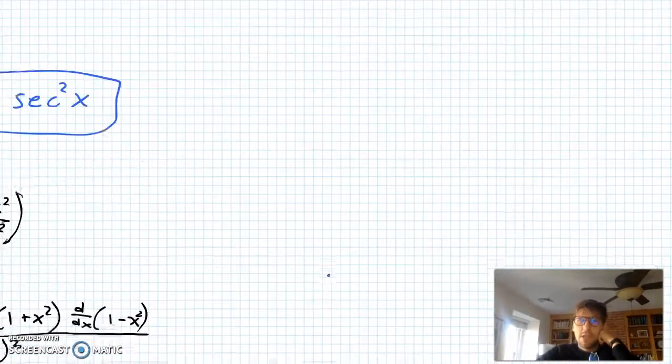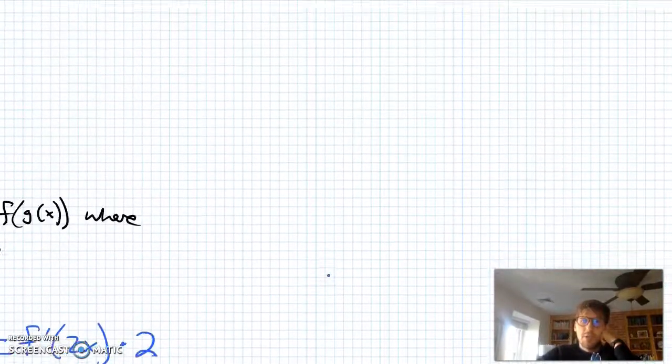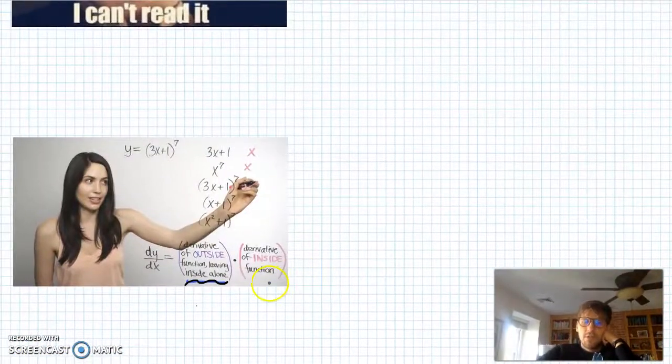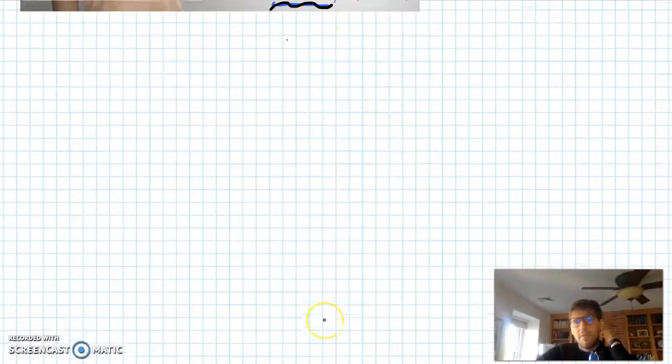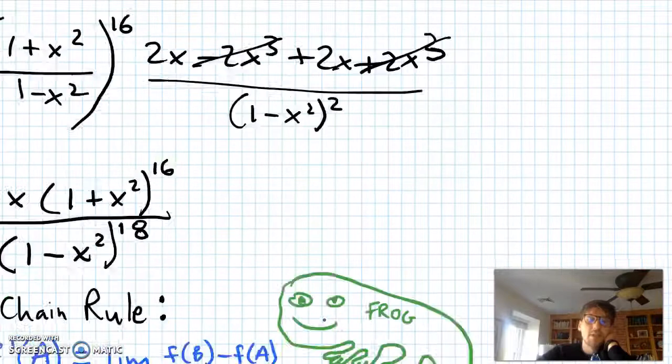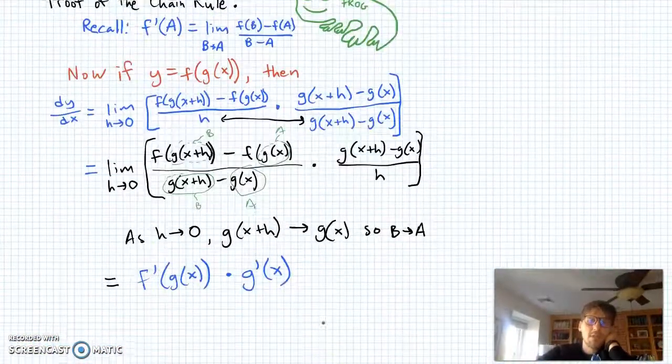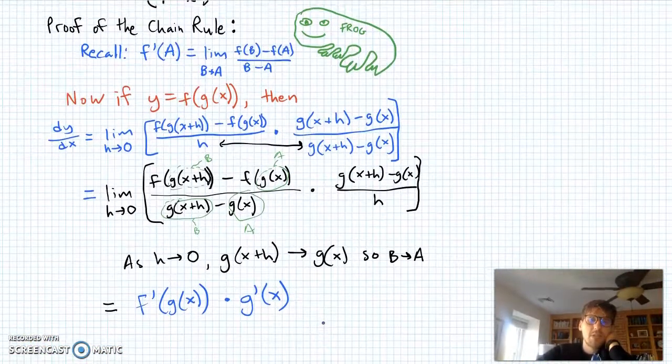As Nancy Pi also shared up here, the derivative of the outside function leaving the inside alone times the derivative of the inside function. Hope this proof was enlightening and you're able to see how the chain rule can actually be derived using the definitions of the derivative we've already worked with.